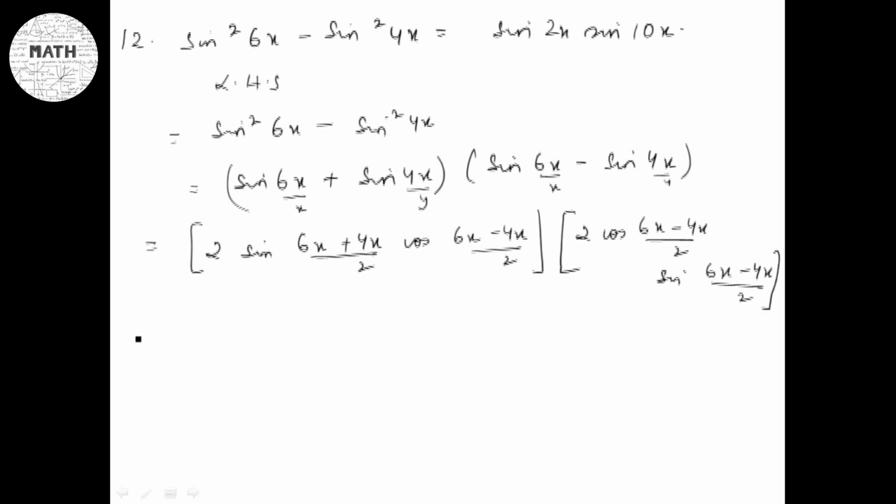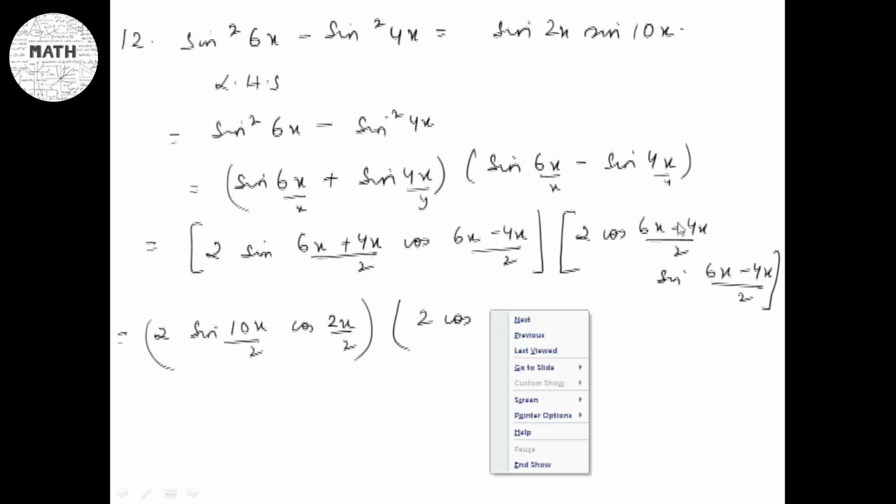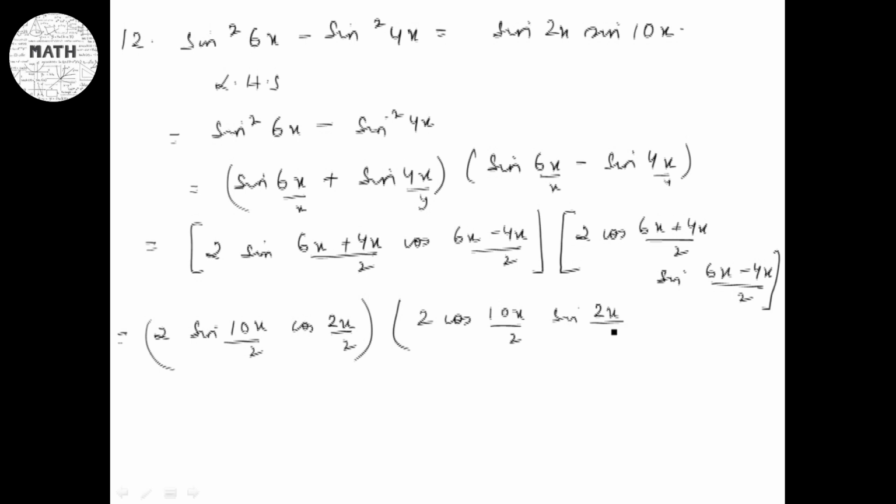So I'll get 2 sine(10x by 2) cos(2x by 2), and similarly over here 2 cos(10x by 2) and then sine(2x by 2).